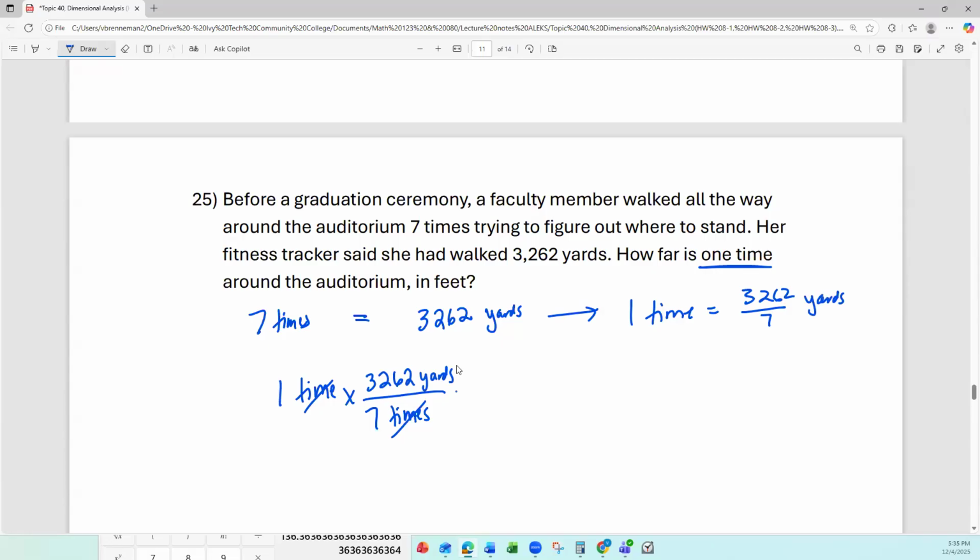We do want to convert that to feet. So 1 yard is 3 feet. So the 1 yard on the bottom, the 3 feet on the top. So one way or another, just making sure that the units match up as they should. Then we're getting 3262 divided by 7 times 3.